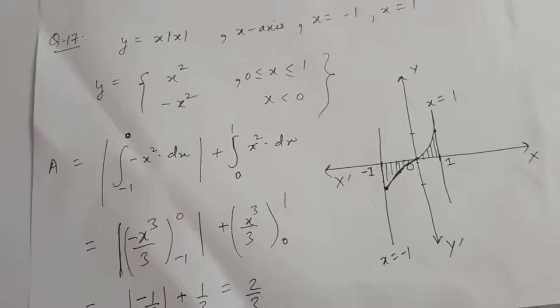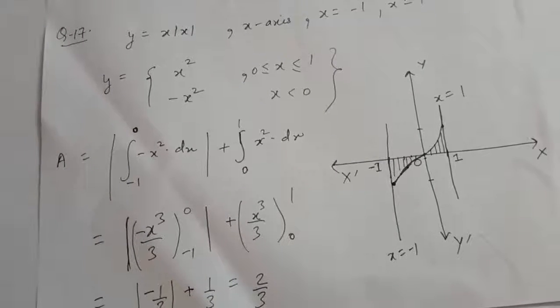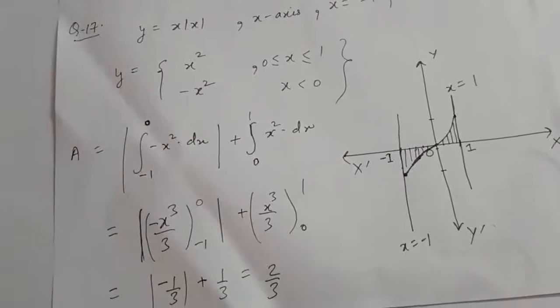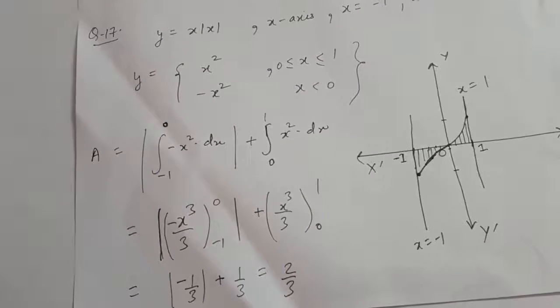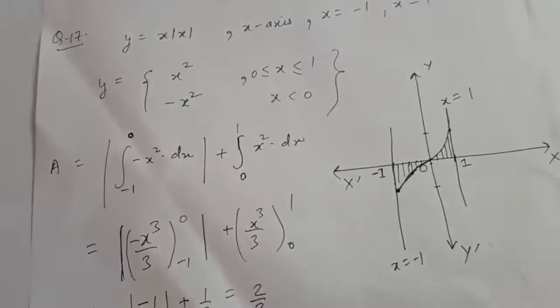Now question number 17 is to find the area bounded by the curve y is equal to x into modulus x, x-axis, and the lines x equal to -1 and x equal to 1.